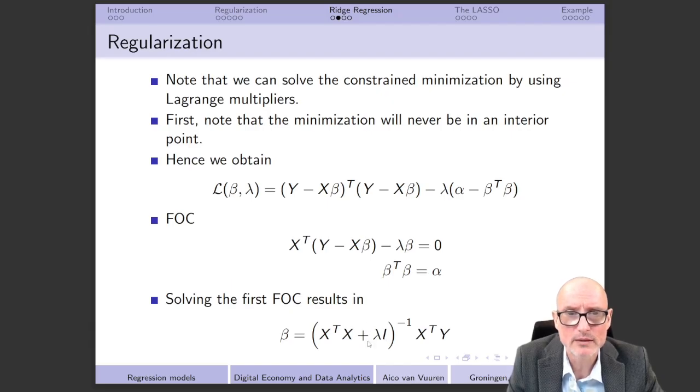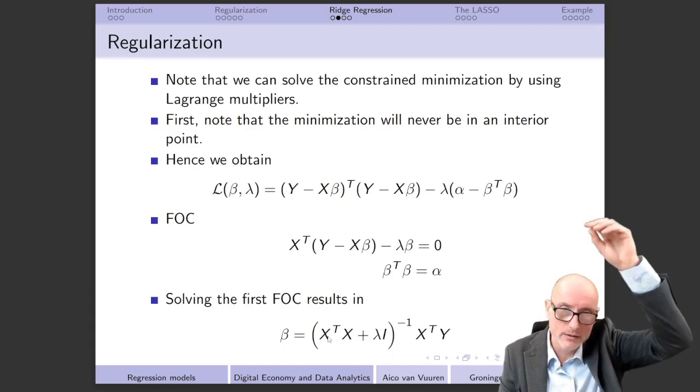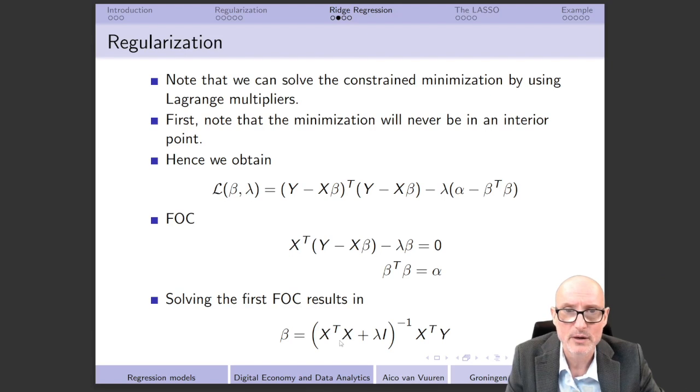Well, if we assume that this lambda is going to be positive, then we should take into account that, given that this is a squared term, at least along the diagonal these are going to be positive numbers, and we are going to add additional positive numbers to that along the diagonal. One thing we still have to ask ourselves is whether this is invertible or not.